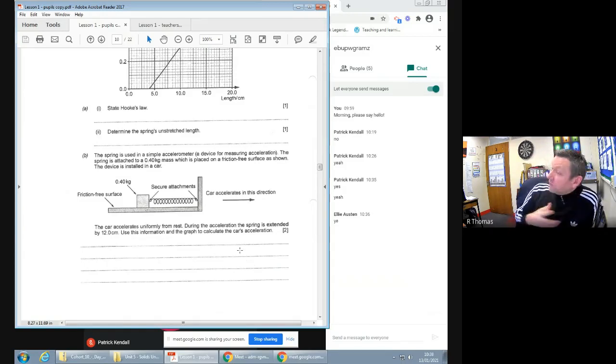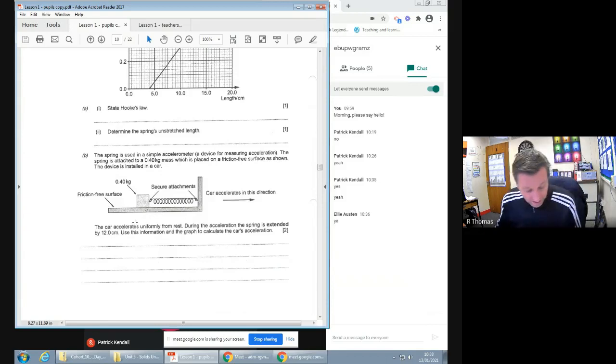Right. Now, if you're thinking SUVATs, v equals u plus at, don't bother because time isn't mentioned at all. So because they've given us a mass and we want acceleration, we're going to look at F equals ma. Okay, great. So if I could work out F, because I know the mass, I could then get the acceleration.